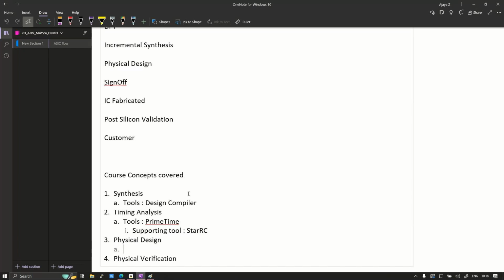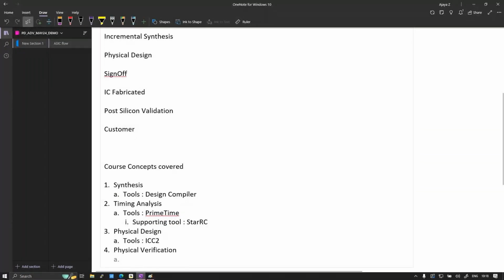For physical design, the tool we are going to use is ICC2, and for physical verification, we are going to use the ICC2 tool only, integrating a tool called ICV.